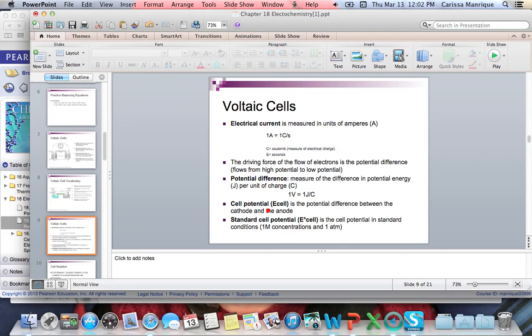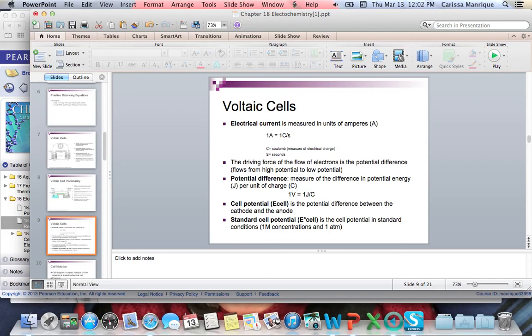You're going to see the cathode needs so much energy for the reaction to occur, and the anode produces so much energy. The difference between them is your cell potential, and that's in voltage. When we're looking at 1 molar concentration and 1 atmosphere, we're looking at the standard cell potential, and we're just going to concentrate on that here.